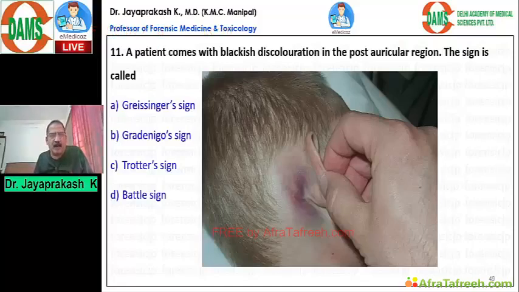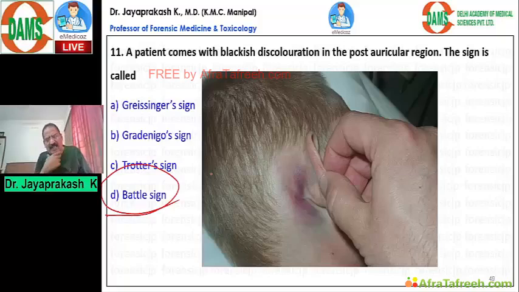A patient comes with black discoloration of the post-auricular region. The sign is called battle sign. Here again there is some confusion. Some books say battle sign is due to fracture of the middle cranial fossa, but the majority of the books nowadays say it is fracture of the posterior cranial fossa.